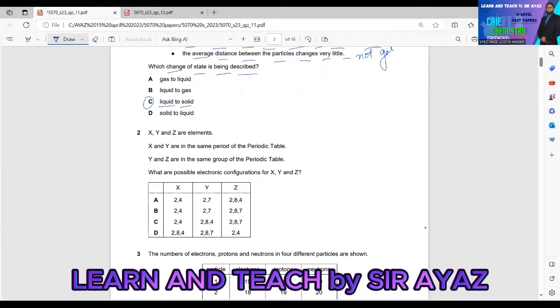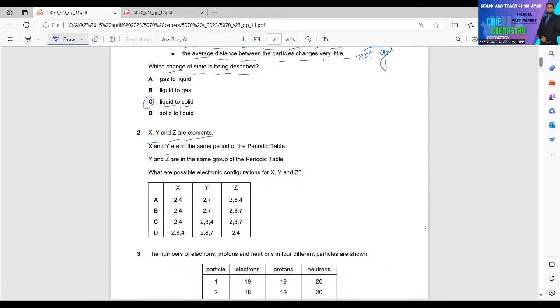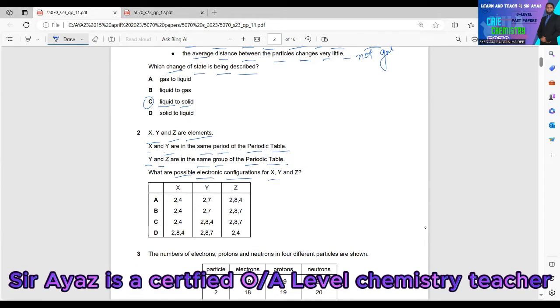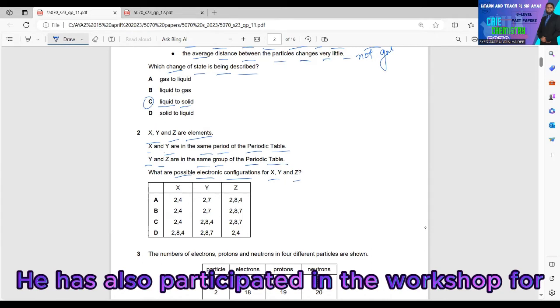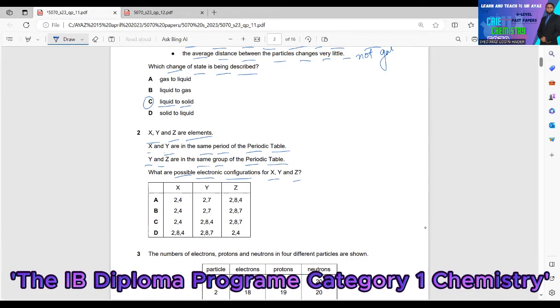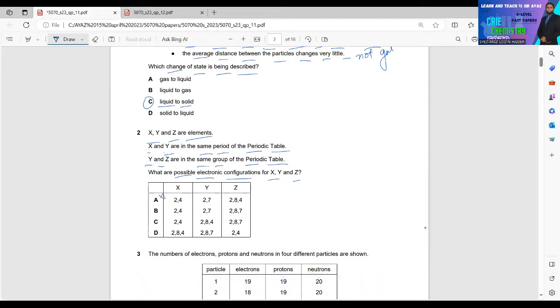Number 2. X, Y, and Z are elements. X and Y are in the same period of the periodic table. Y and Z are in the same group of the periodic table. What are possible electronic configurations for X, Y, and Z? Now they are saying Y and Z are in the same group, which means the valence electrons will be the same for these two, Y and Z. So straight away, I'm going to look at the valence electrons for Y and Z. A can't be the correct answer.